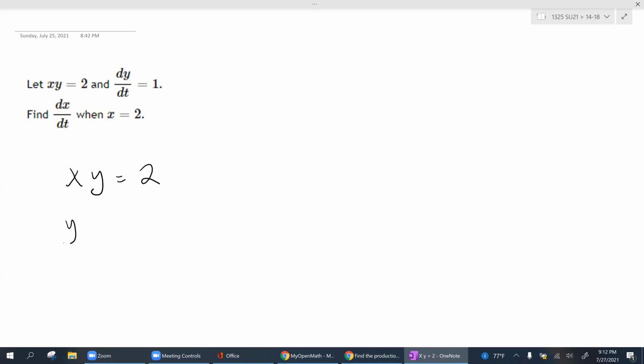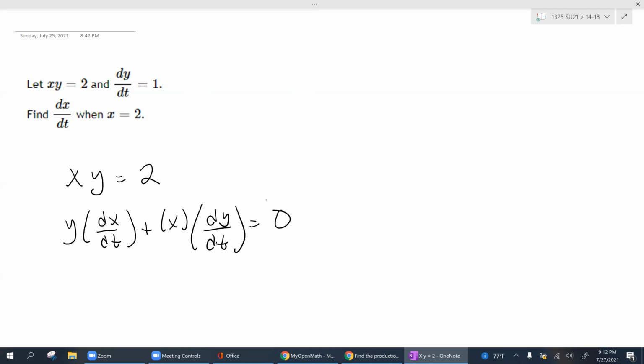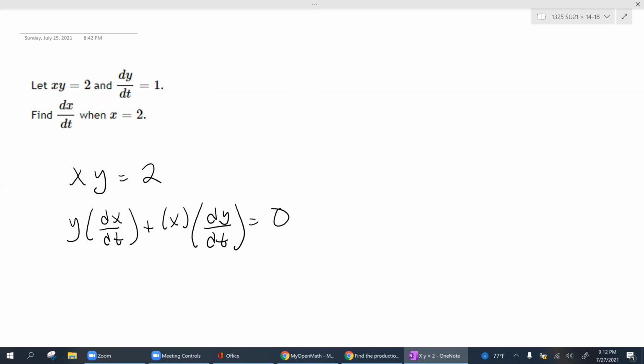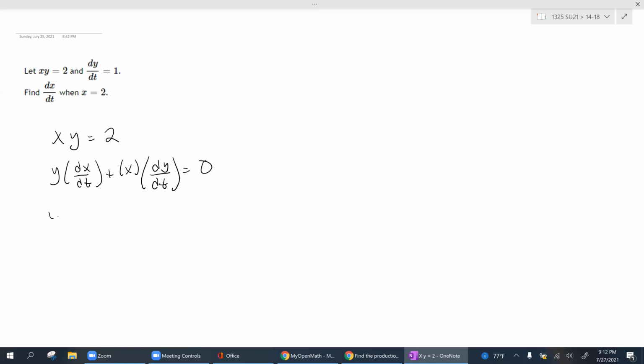So I have the bottom times the derivative of the top, plus the top times the derivative of the bottom. The derivative of 2 is 0. So polishing this up, I get y times dx over dt plus x times dy over dt.